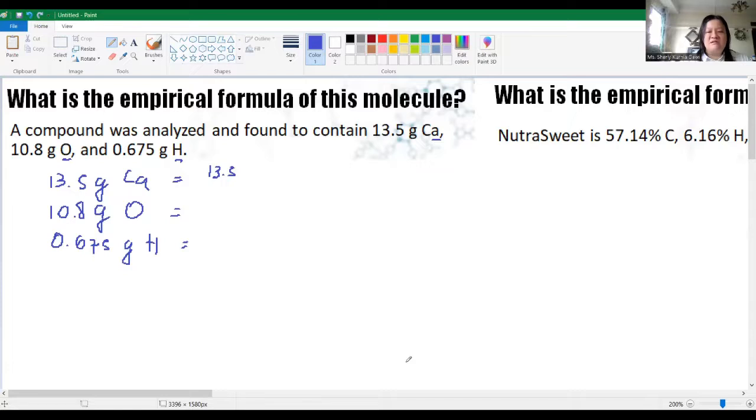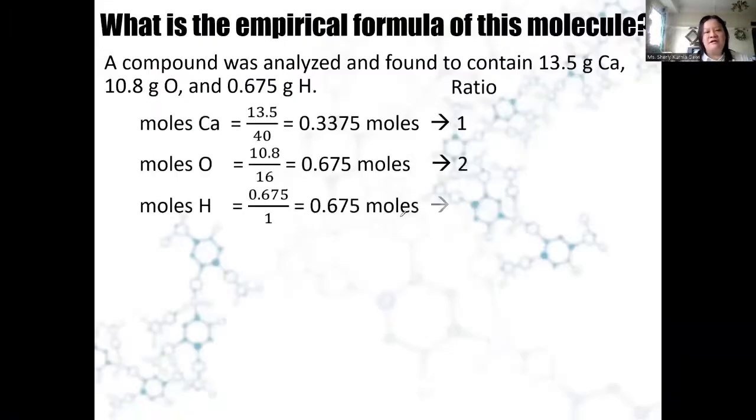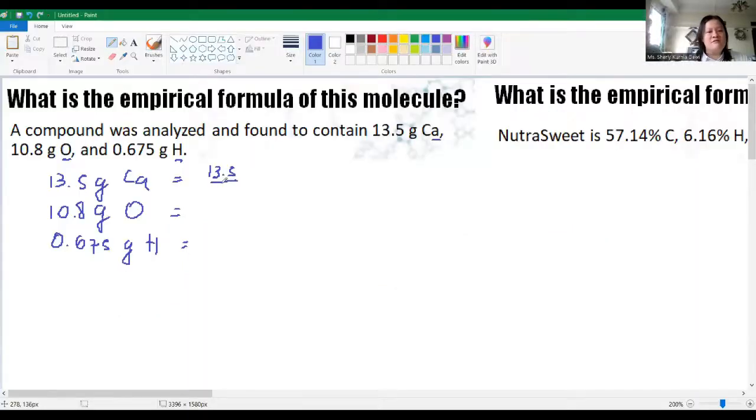The Ar of calcium is 40, the Ar of oxygen is 16, and the Ar of H is 1. So we can calculate it: this one divided by 40, this one divided by 16, and this one divided by 1. Okay, we will get the moles.